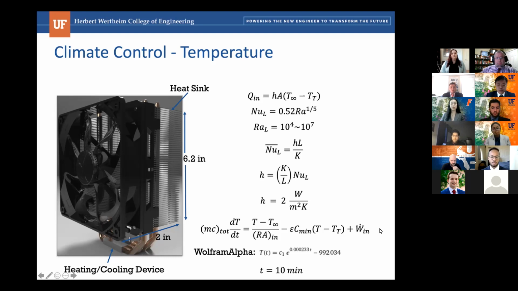But then this is replaced by the actual heat fin equation further below, the adjusted heat fin heat transfer equation. I got you.